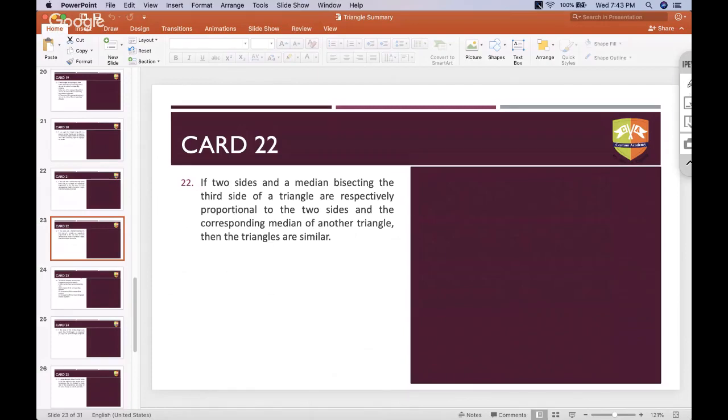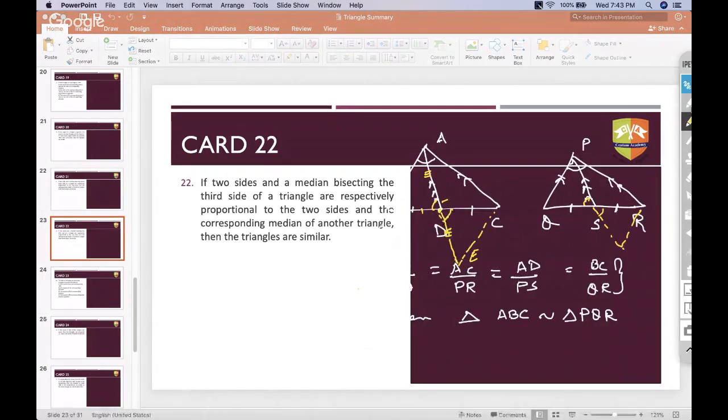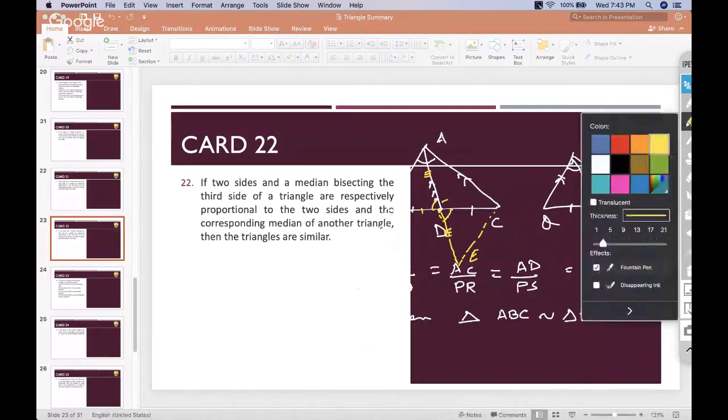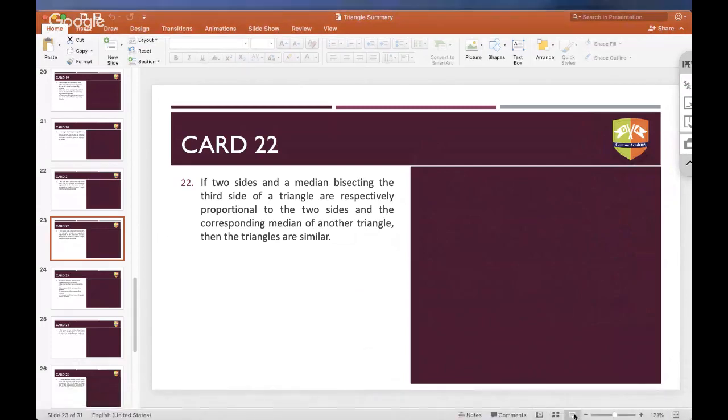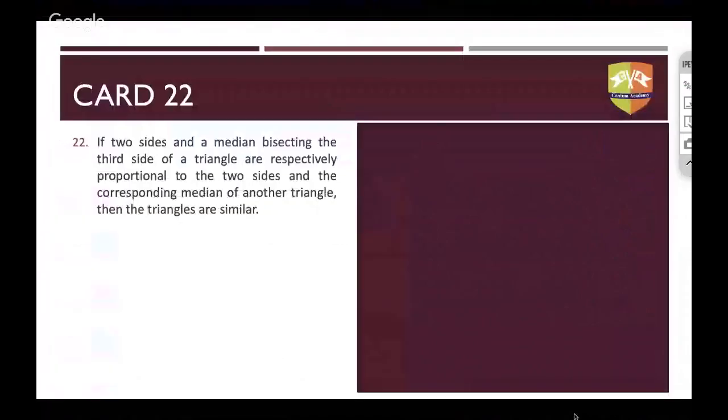Oh, wait, I have to just make it full screen. Give me a moment, please. Whenever there is a frozen screen, you just let me know through WhatsApp.